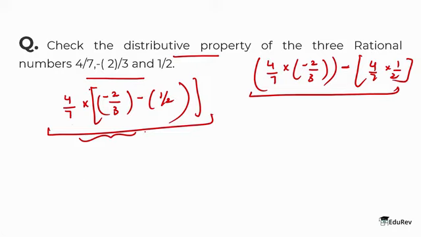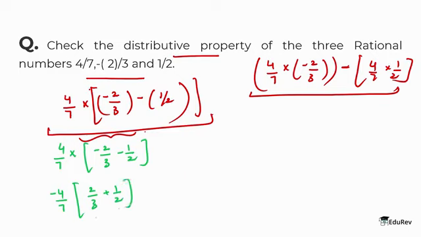When I solve this, it will be 4 by 7 into minus 2 by 3 minus half. I can take the negative common, so it is minus 4 by 7 into 2 by 3 plus half. Now when I solve this, the LCM is 6, so 4 plus 3 is 7 by 6.